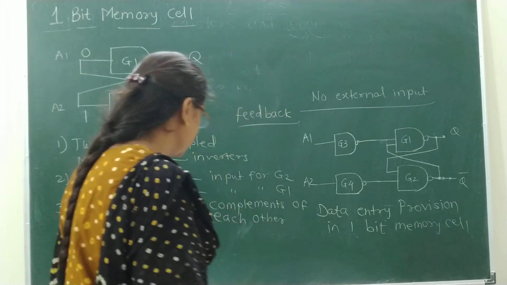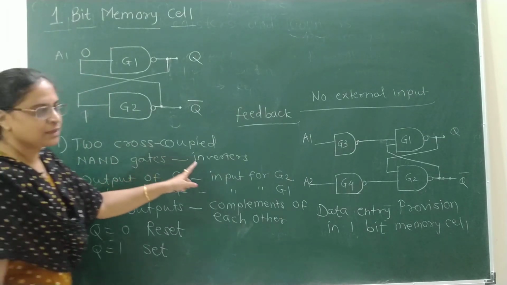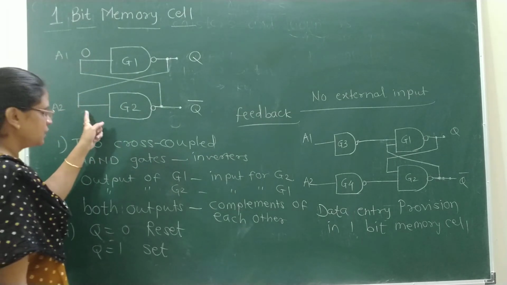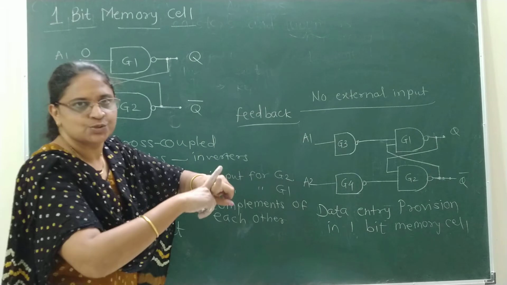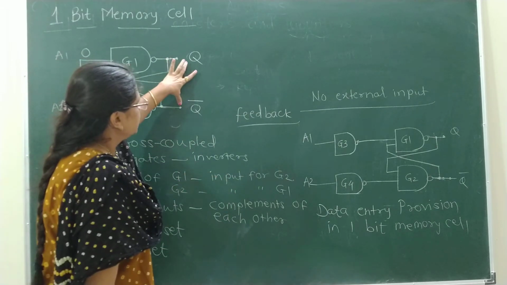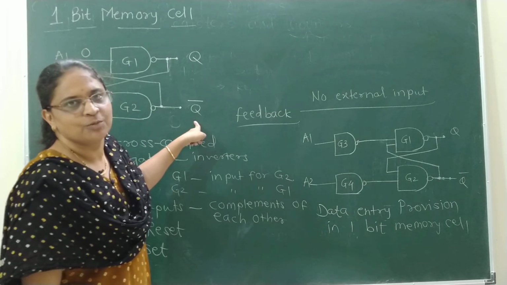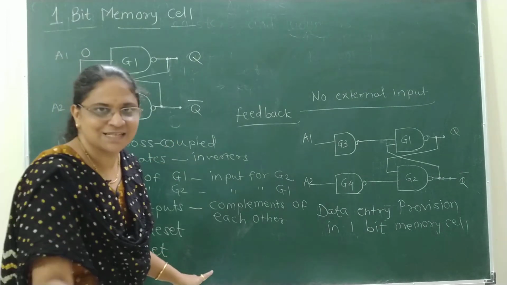So this was about the concept of how two cross-coupled NAND gates are used as inverters. The output of one gate becomes the input for the other, and as both outputs are always opposite to each other, these two are labeled as output Q and the other output, the complement of Q. Whenever Q is 0, it is called reset.